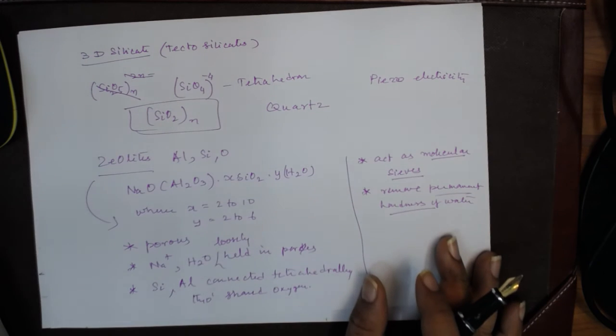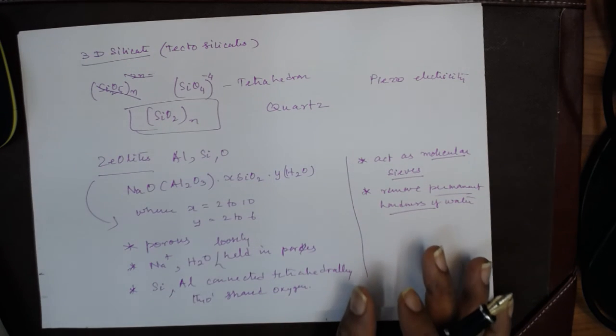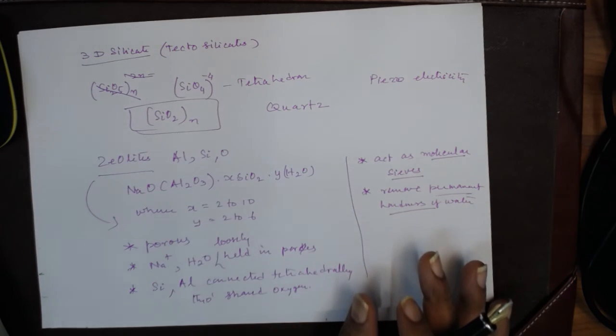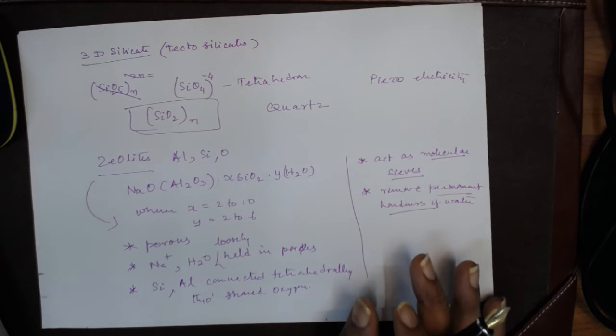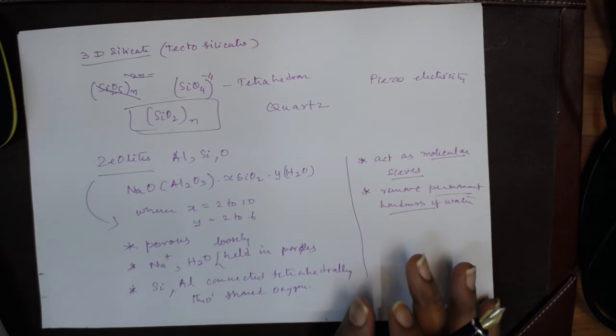Hardness of water means what? The presence of salts like carbonates, chlorides, sulfates, they will cause poor lathering of soap. There are two types of hardness. One is temporary hardness, another is permanent hardness. Some salts can be easily evaporated, some salts cannot be so easily evaporated, like calcium chloride or calcium sulfate.